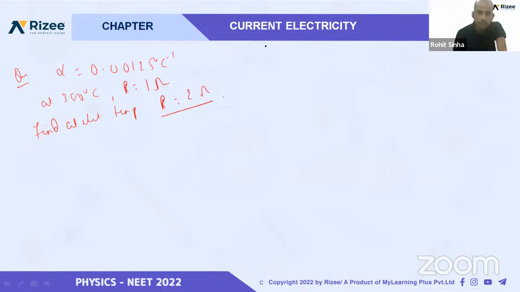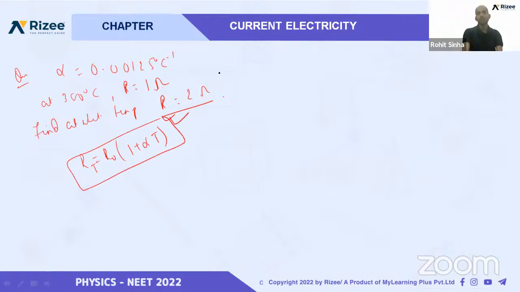You have to find the temperature. I give you 10 to 15 seconds. Try this question. It is simply based upon RT equals R naught (1 plus alpha T). Just use the concept and solve the question. Any answer you got, then please tell me.